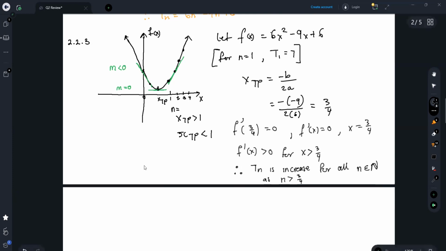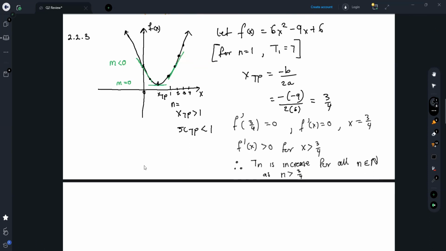Now, the second method, which I feel is a bit more refined than this one, is to just take T of n as it is. So this is method number 2, where this was method number 1. Again, I'll be using the idea of a derivative. So we have 6n squared minus 9n plus 6, and I could find the derivative of this function, which gives me 12n minus 9.